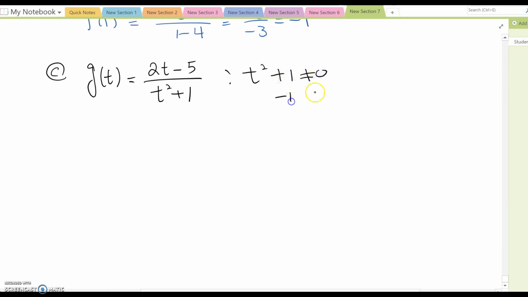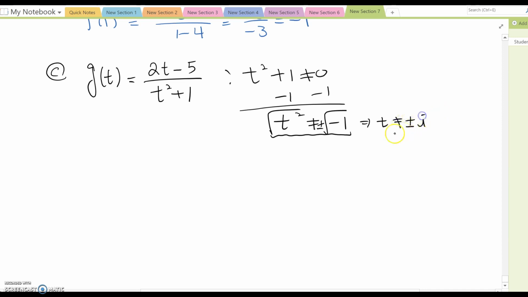Subtract 1 from both sides, then t squared cannot be negative 1. But when you solve using the square root, you will get t cannot be plus and minus i, because it is not a real number. Our conclusion is that this is a continuous function, so there's no limitation for this particular function.